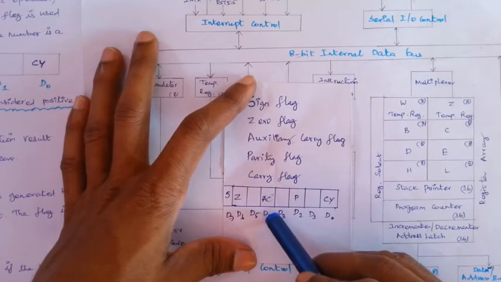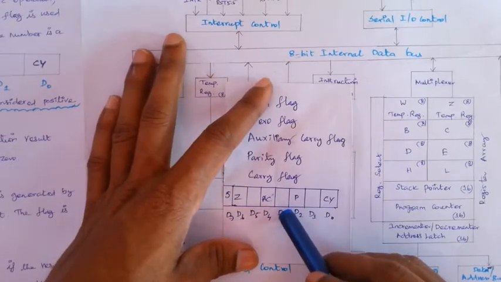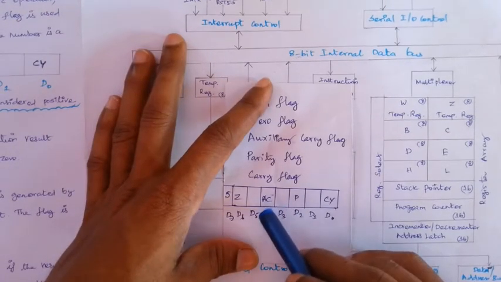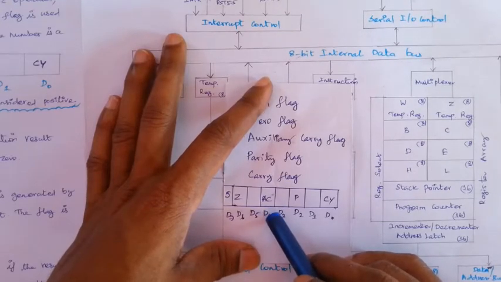In arithmetic operations, when a carry is generated by digit 3 and passed on to digit 4, the auxiliary carry flag is set. The flag is used only for BCD operation.